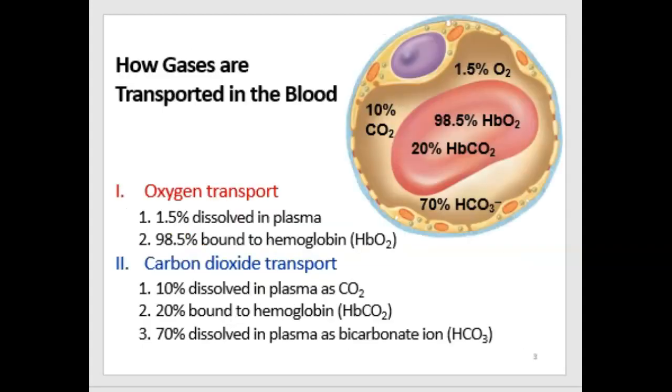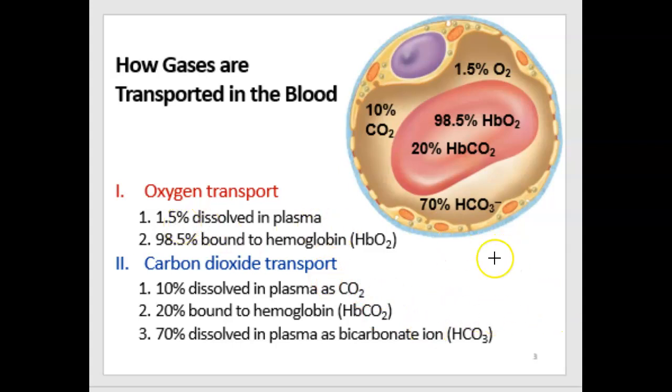All right, let's start with an overall view of how much oxygen is transported by which mechanism and how much carbon dioxide is transported by the various mechanisms. Oxygen is transported in two ways by the blood.